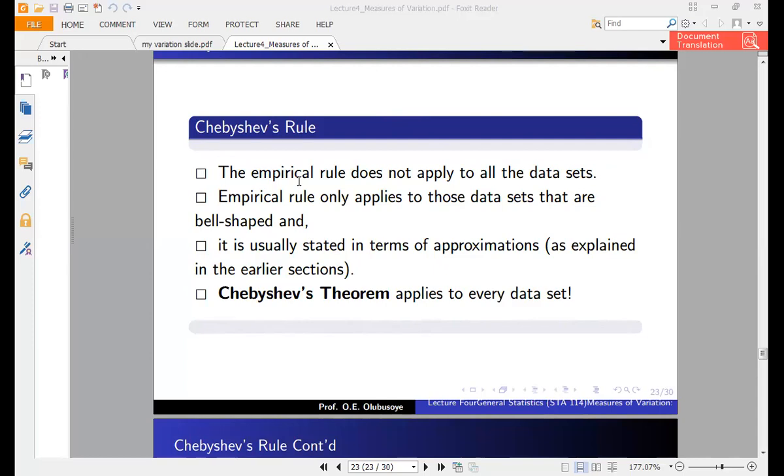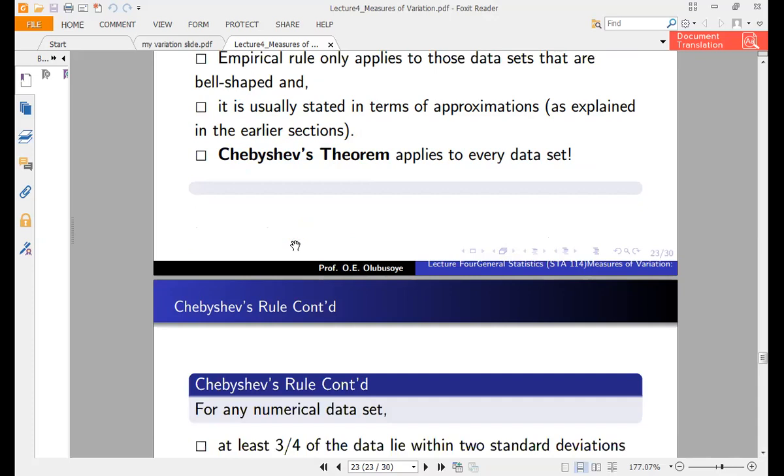But there is just a little difference about the Chebyshev rule, and that is the fact that it does not give a precise value. So everything about the Chebyshev rule will always be talking about at least, at most, unlike the empirical rule that gives a precise value. All right, let's see how it is applicable to a data set.